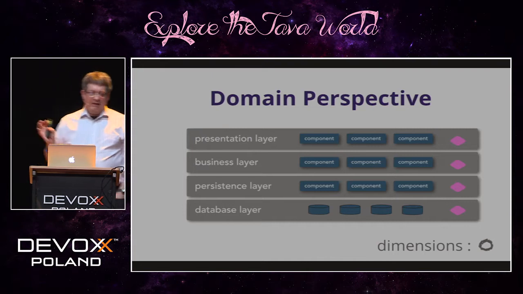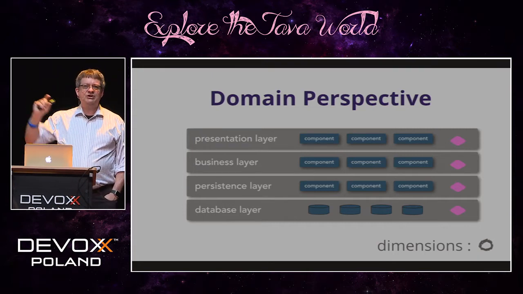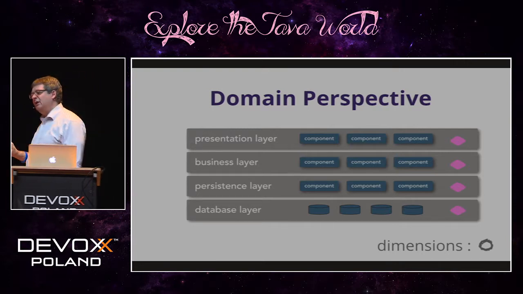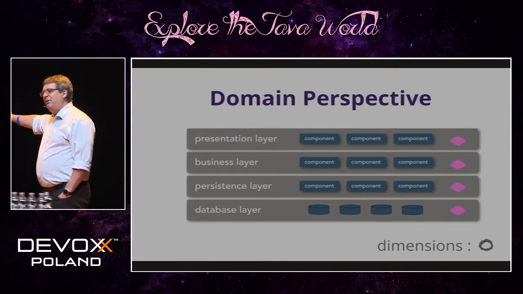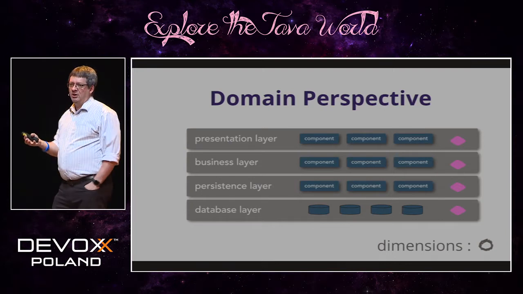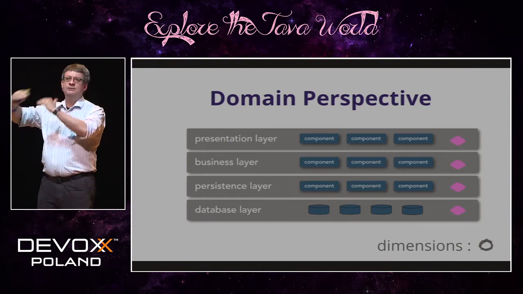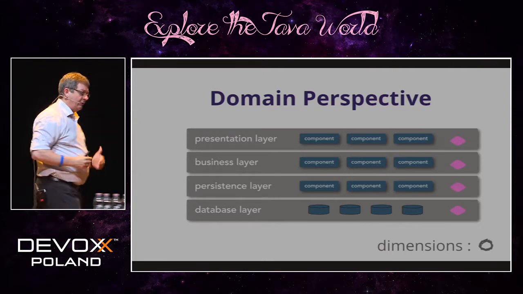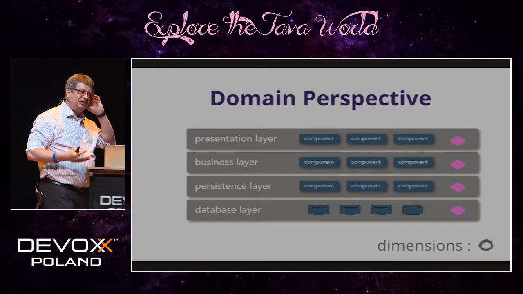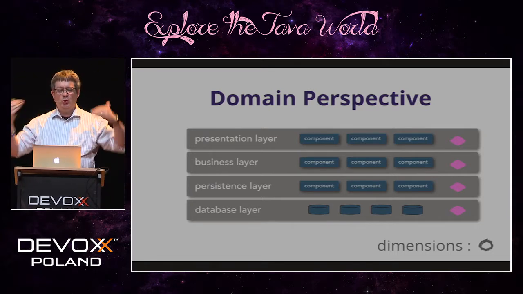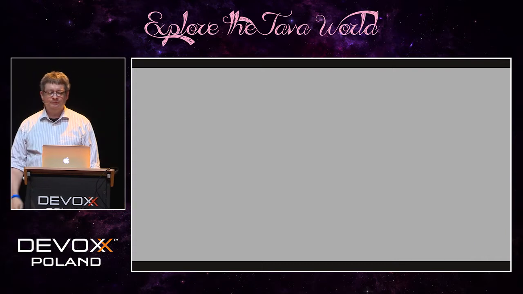So from a domain perspective, we have 0 dimensions of evolvability here. In fact, from a domain perspective, this is no better than the big ball of mud. Because when I want to make changes to customer, I'm going to have to make changes in a bunch of different, seemingly unrelated places. They're obviously related around the technical architecture, but from a domain standpoint, this is a really hard place to make changes because I have to coordinate across all those layers.